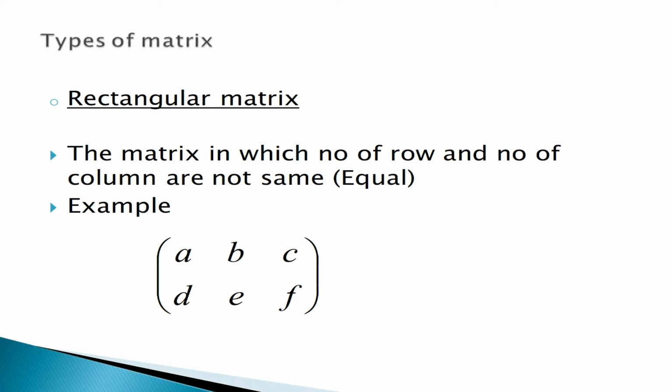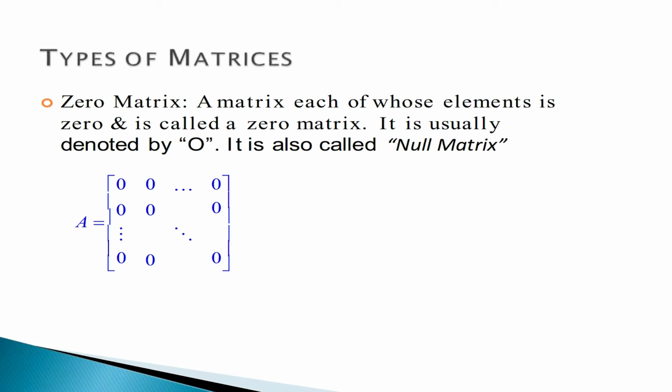That is, here is A, B, C, D, E, F. This is an example of a rectangular matrix. Next is zero matrix or null matrix. A matrix is said to be a null matrix if all the elements are 0. That means the elements in all rows and columns are 0. This is an example of a null matrix.